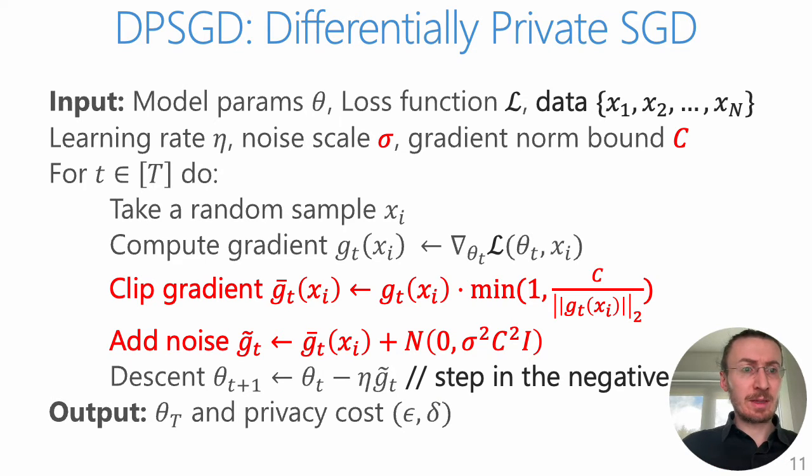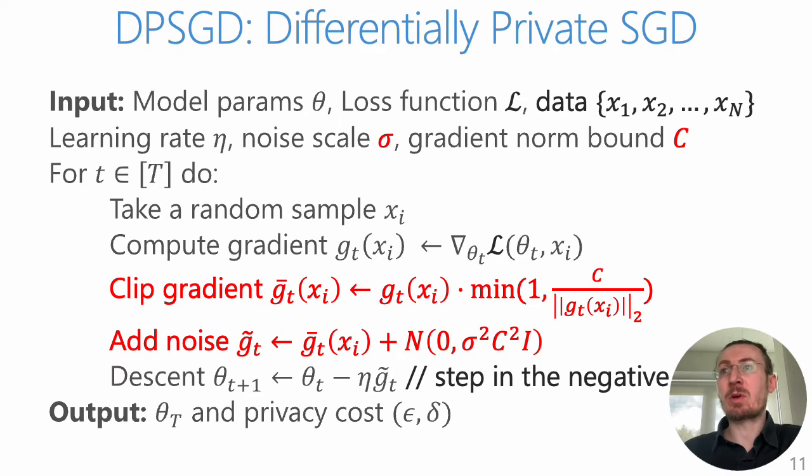So we have some noise scale sigma, so how much noise we add to the gradients, and also we have to bound the norm of the gradient. So this will be explained here. These two lines express first clipping of the gradient. So what we do is that we take the gradient computed in the previous line, and then we clip that gradient if its norm is above C, to be exactly C.